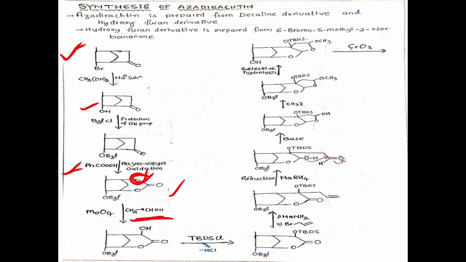So we treat this substrate with tertiary butyldimethylsilyl chloride, TBDMSCl. On reaction with this compound, the hydrogen of the hydroxy group and the chlorine from TBDMSCl are lost in the form of hydrochloric acid, and the hydroxy group is protected in the form of TBDMS ether.